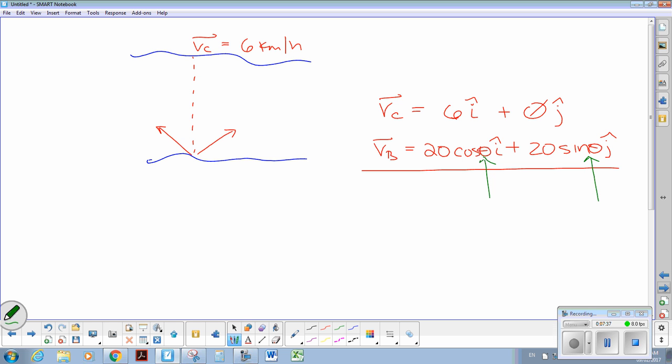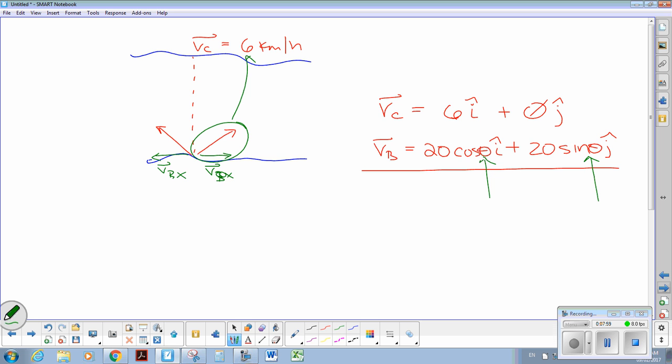Because in this case, we're adding to the 6 kilometers an hour. Our x component is making us travel faster than 6 and faster than 20. If we're going upstream, the velocity of the boat in the x, in this case, we're subtracting from the 6 kilometers an hour.